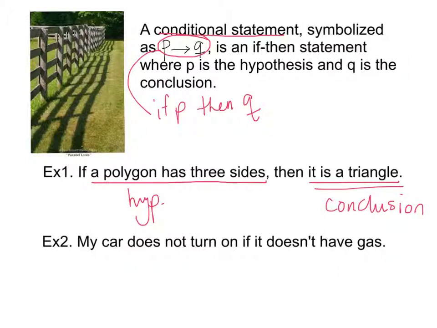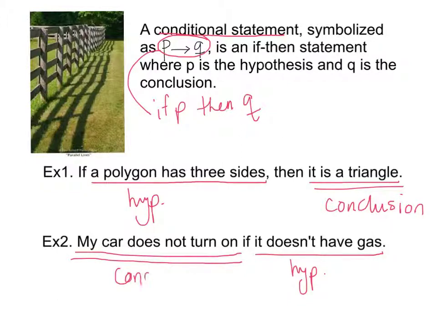Now I know that if my car doesn't have gas, then it won't turn on. So this is the setup, this is the conclusion. That means that this is the hypothesis, and this is the conclusion. Okay, and those are conditional statements.